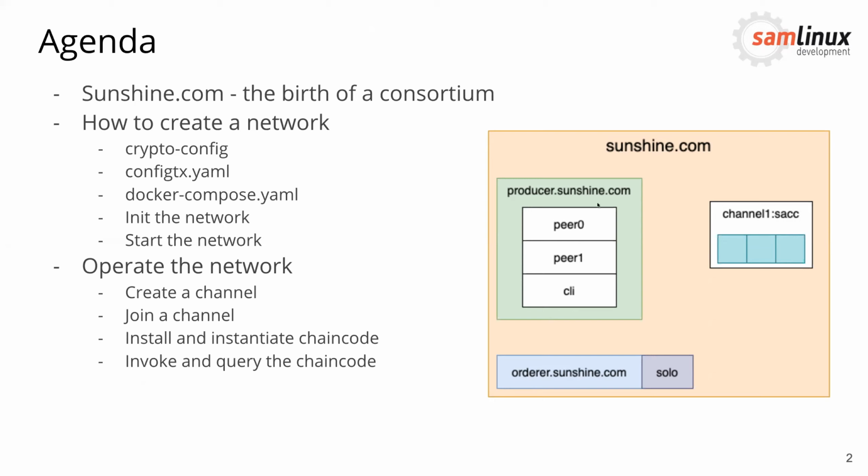This first organization will have only 2 peers and a CLI container, and we will use one channel. On this channel we will use the pre-configured chain code which we also used in the last sessions from the developer part, the simple access control chain code.